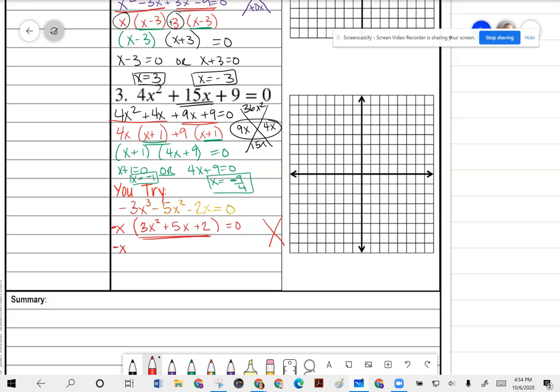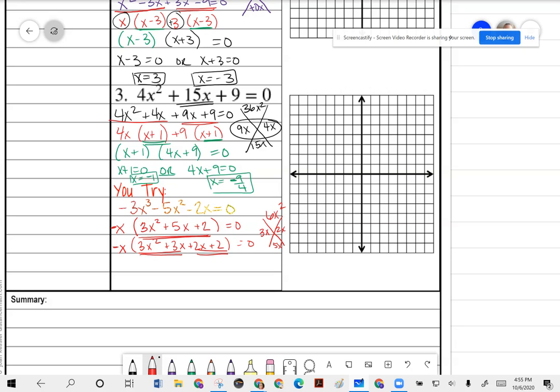So again, using the factoring technique of multiplying to a times c and adding to 5x here, you could see that that would be 3x and 2x, which multiplies to 6x squared and adds to 5. So really what I'm doing here is replacing those two numbers that I found, and then I'm going to group them and simplify that.